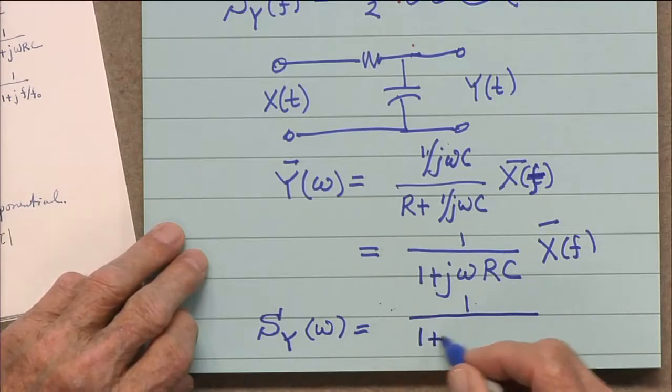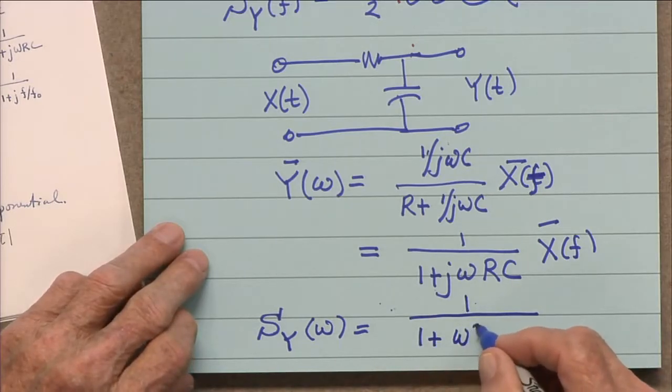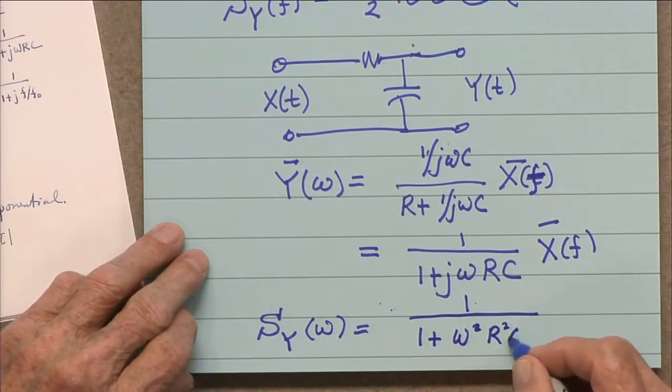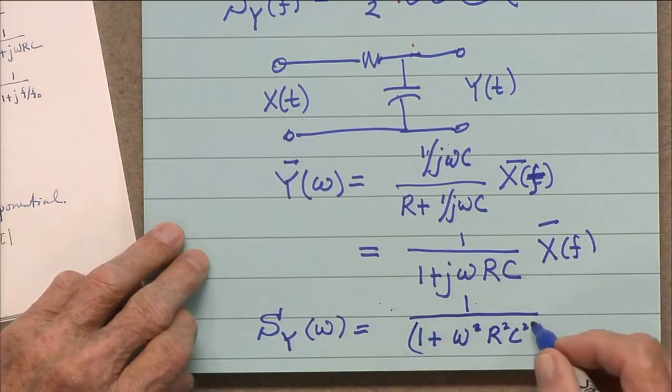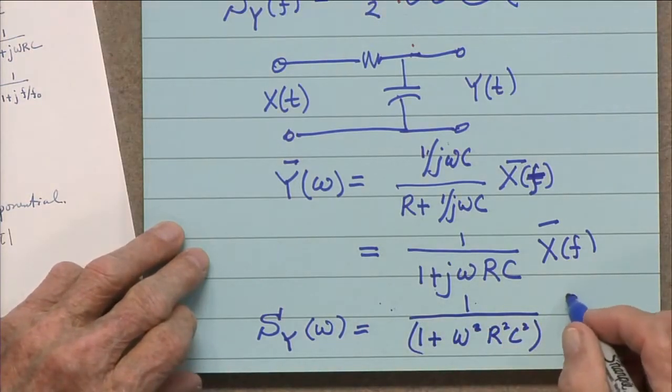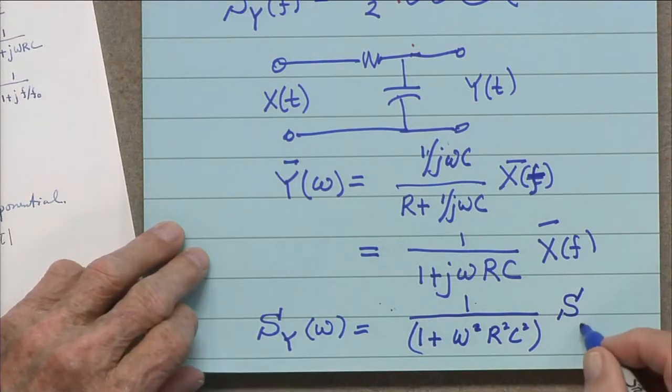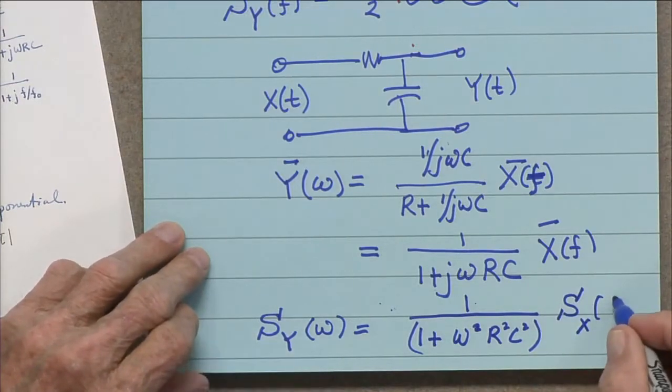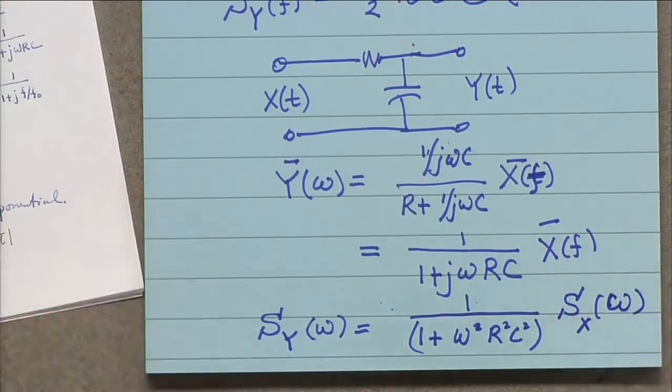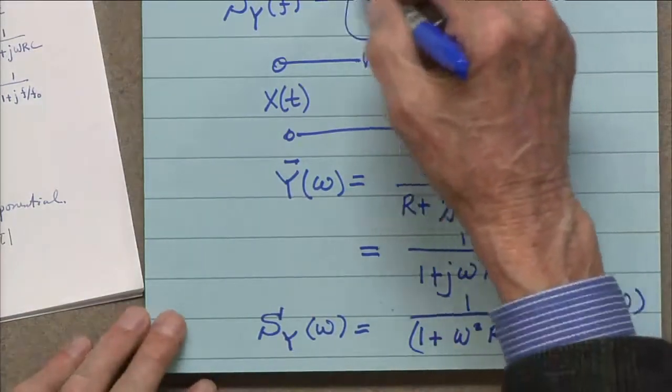So it's 1 over 1 plus omega squared r squared c squared, times the input power spectral density of omega, and the input power spectral density is N0 over 2.